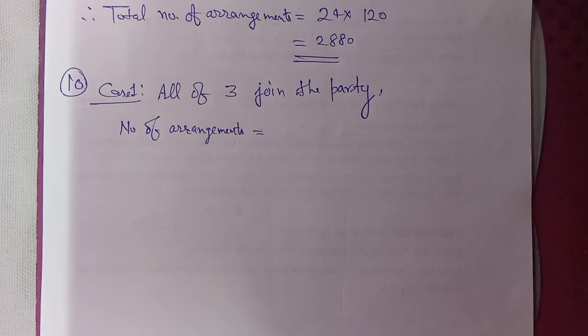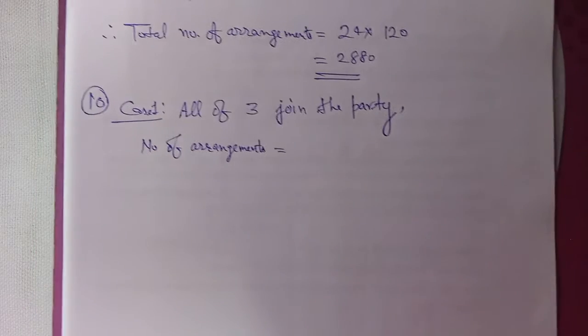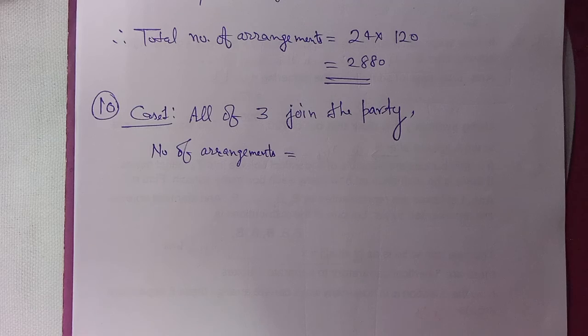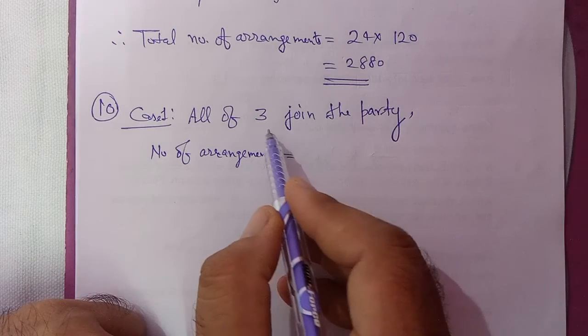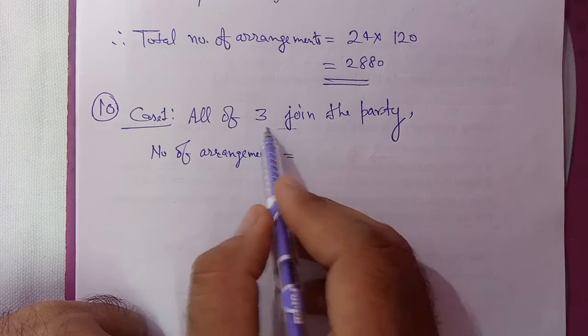As there are total 25 students, and out of these 25 you are to select exactly 10, but 3 have confirmed that they will join certainly.